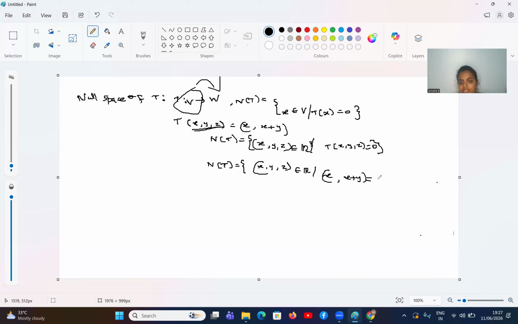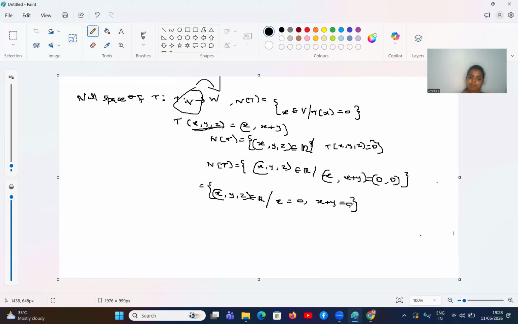And by this definition, 0 here means R2, so you have to equate with (0, 0). So, (x, x plus y) equals (0, 0). Component-wise, I equate the elements: x equal to 0, x plus y equal to 0.